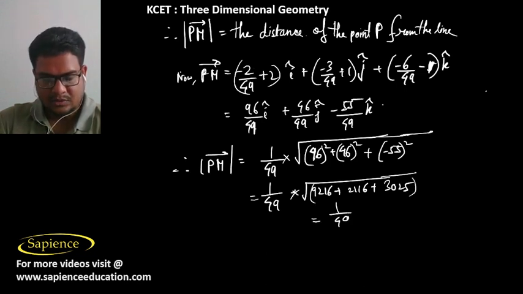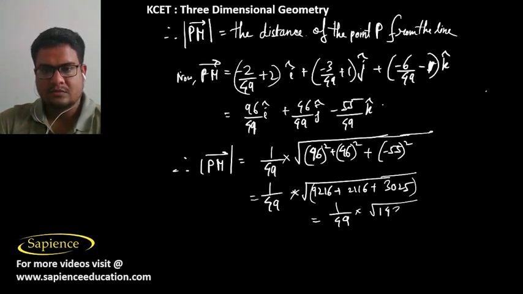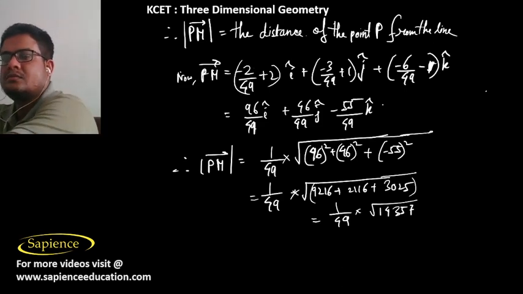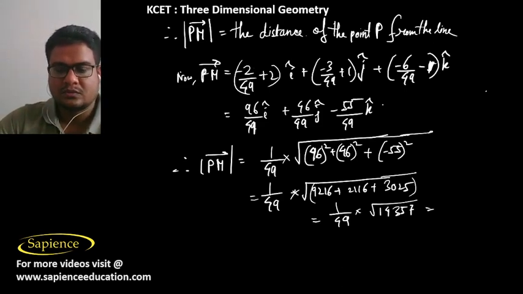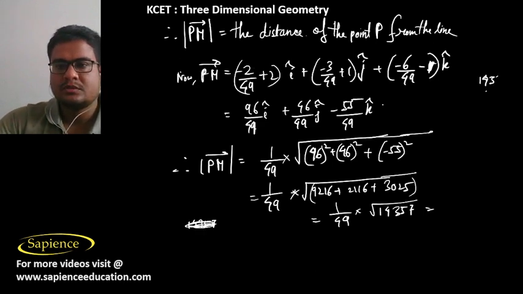So this is equal to 1 by 49 into the square root of 14357.